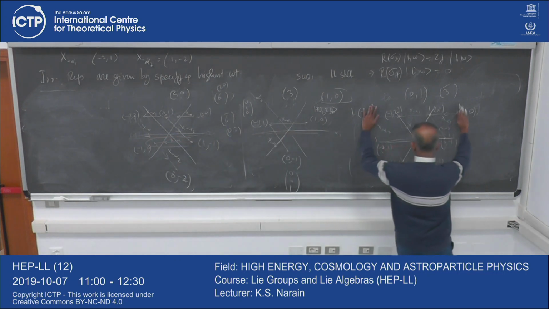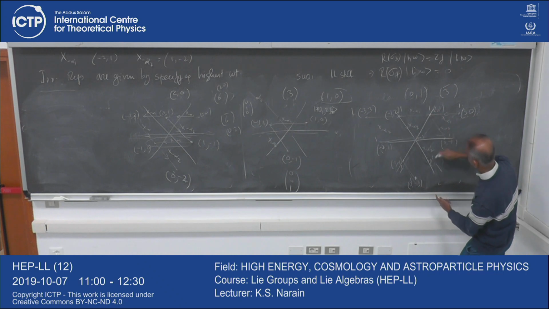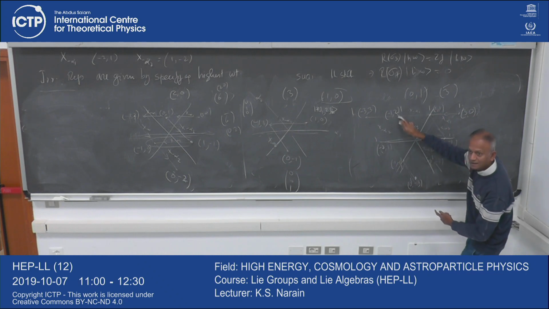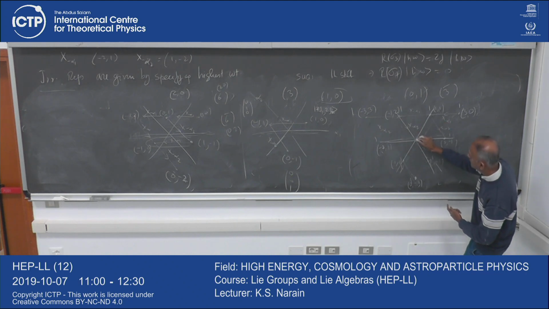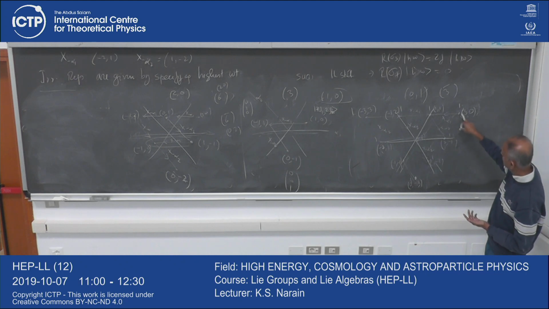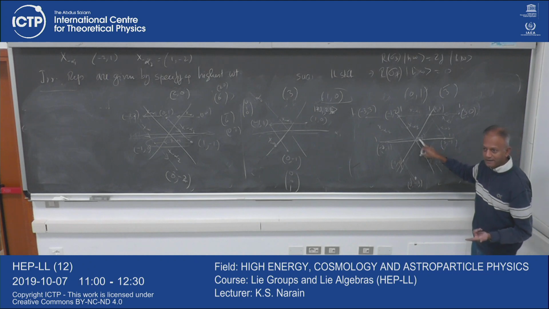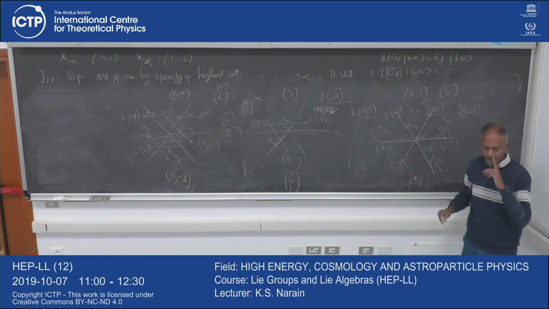If you just ignore these 3 points, this part is exactly the roots of the adjoint representation, because this was the 1, 1, minus 1, and there are two of the 0, 0, right? So for the adjoint, these two are linearly independent. But now we are asking, what about this representation here? Are there two of them or just one of them? Is that point clear?